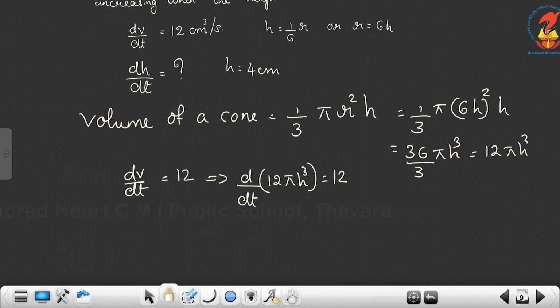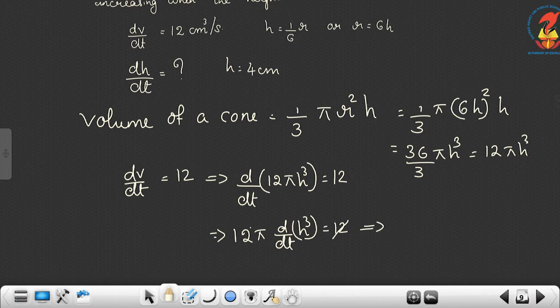Now, differentiate the left hand side. 12 pi is a constant, we can take it out, then d by dt of h cube. 12 and 12 we can cancel. So pi into, what is the derivative of h cube with respect to t? That is 3h square into dh by dt, which is equal to 1, the right hand side.